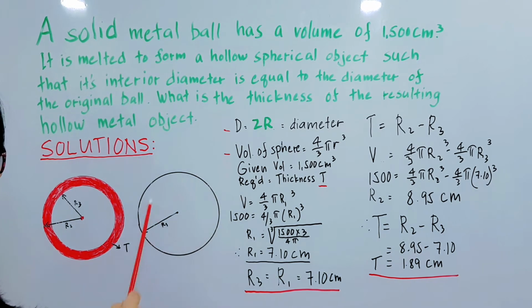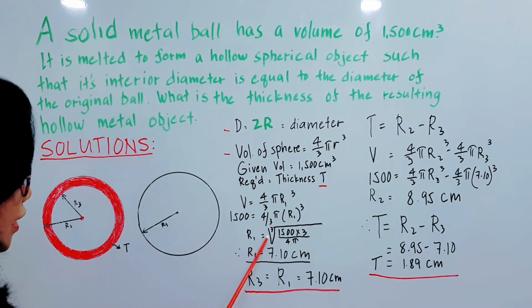Ngayon, sa original na sphere, merong volume na 1,500 centimeter cube. So, pwede natin ma-solve ang R1. Volume therefore is equal to 4/3 pi R1 cube. Substituting the value of volume, 1,500 is equal to 4/3 pi R1 cube. Pi is always to be 3.14.